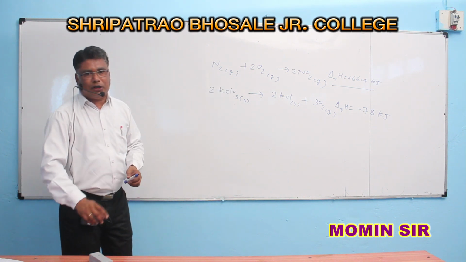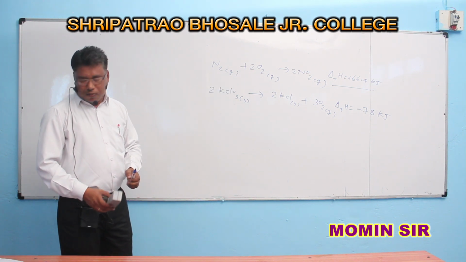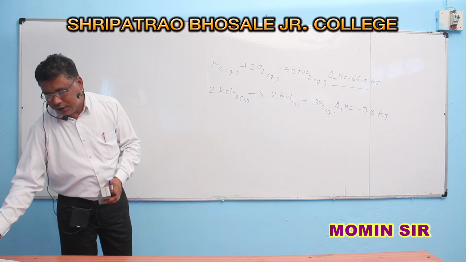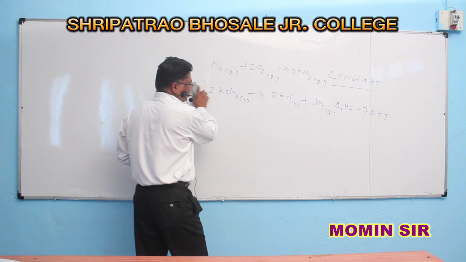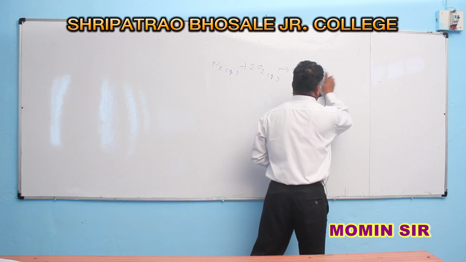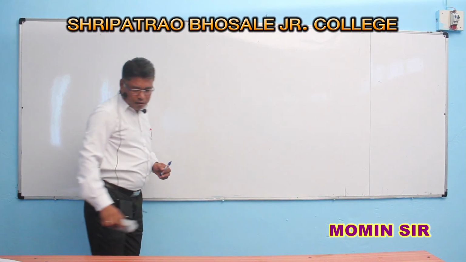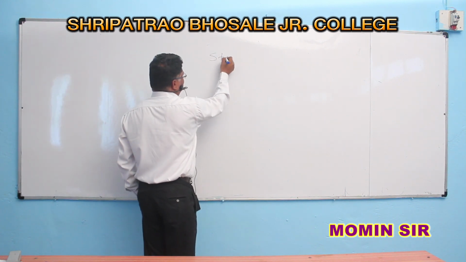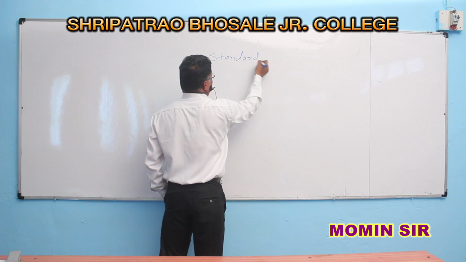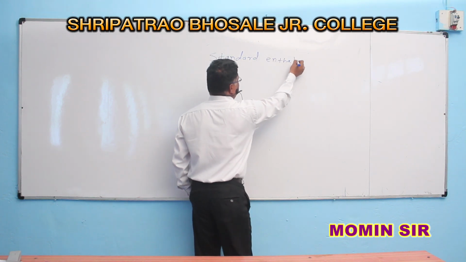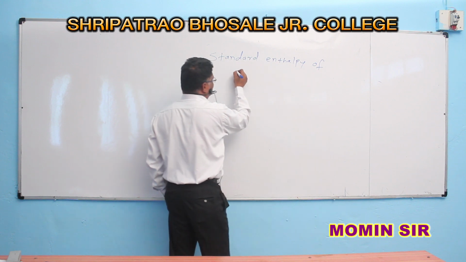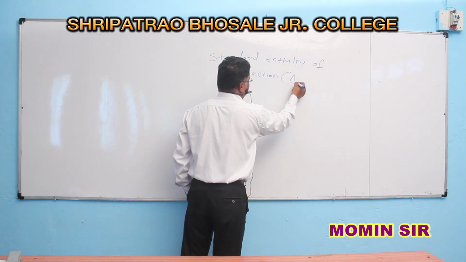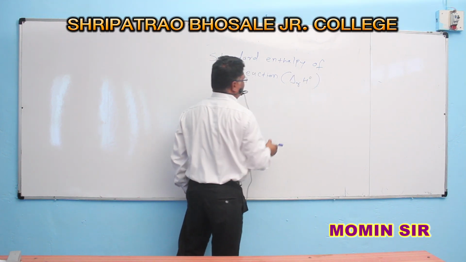Okay, now we want to start the new point, thermochemical equation. After completing exothermic and endothermic reactions with examples, first of all, standard enthalpy of reaction, denoted as delta H 0.